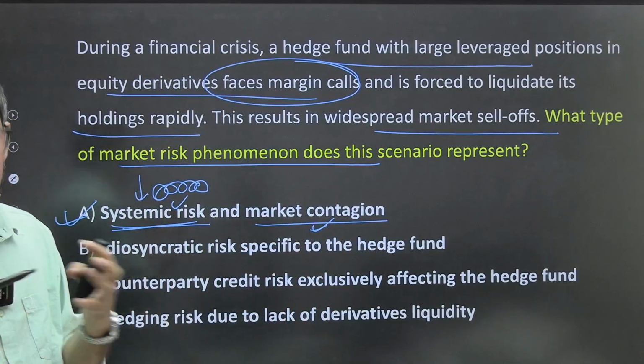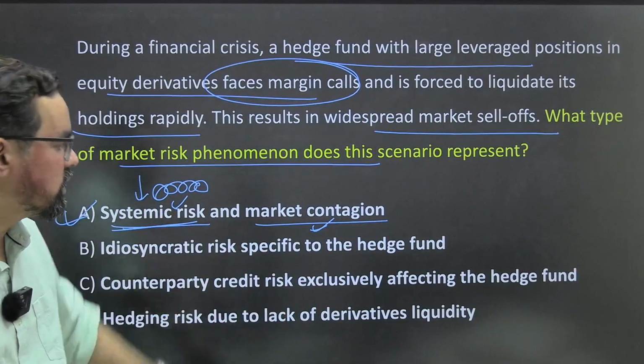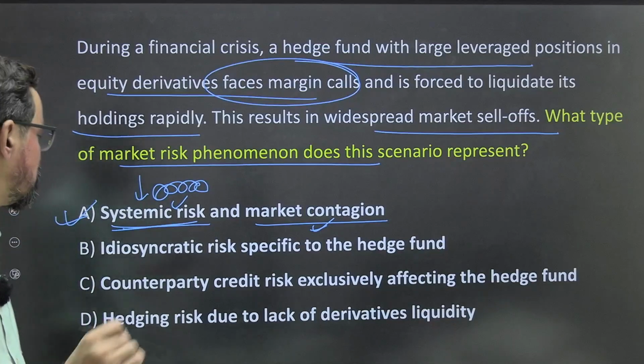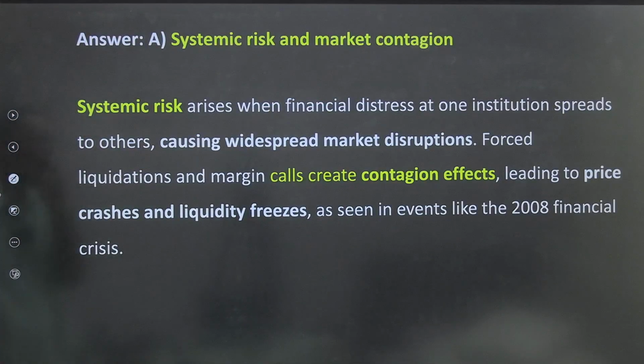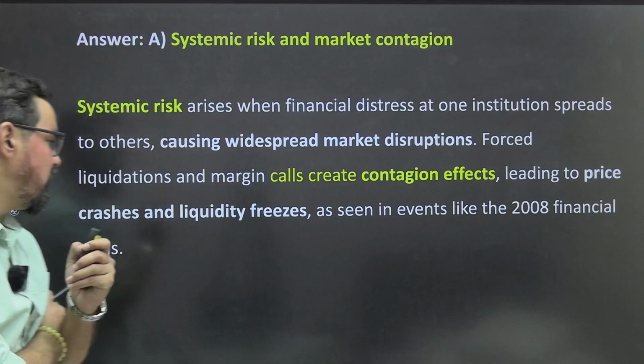That interconnectedness among the markets is generally known as market contagion, right? So option A will be the right answer here. Systemic risk arises when financial distress at one institution spreads to others, causing widespread market disruptions. Forced liquidations and margin calls create a contagion effect, leading to price crashes and market freezes.